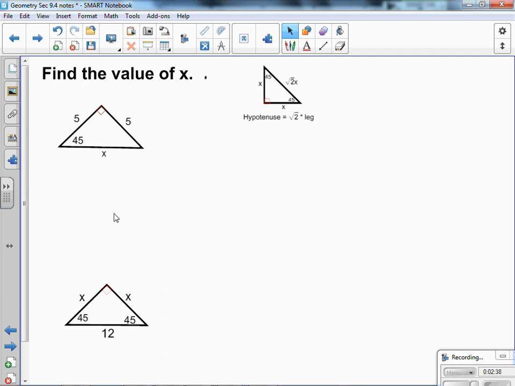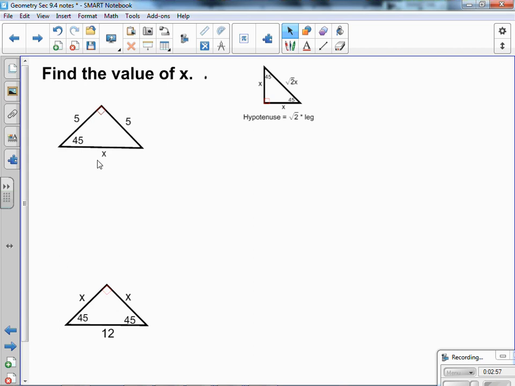So here we have two different 45-45-90 triangles. In the first one, we're solving for the x, which is the hypotenuse value. And they gave us the length of the legs.